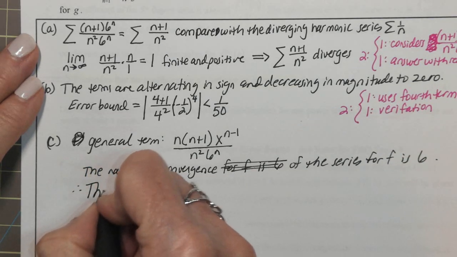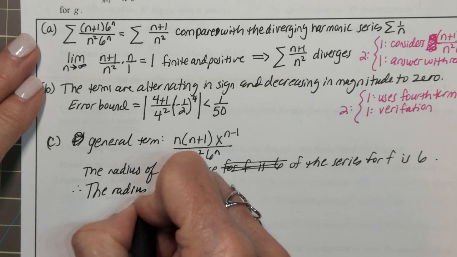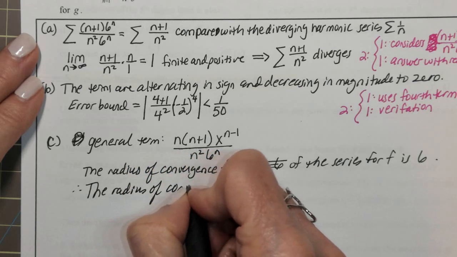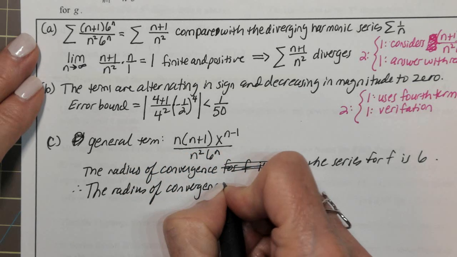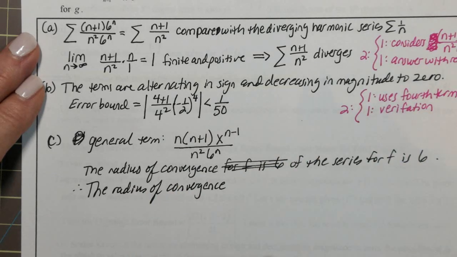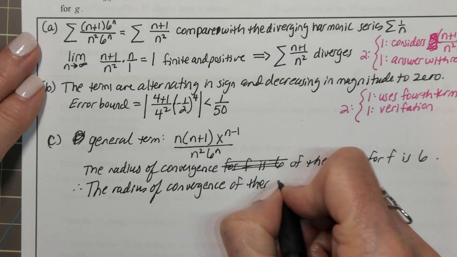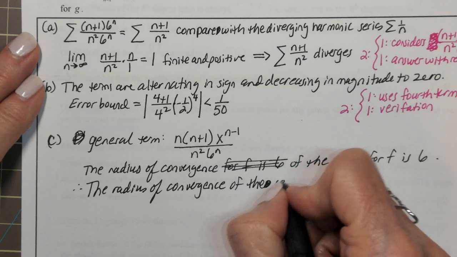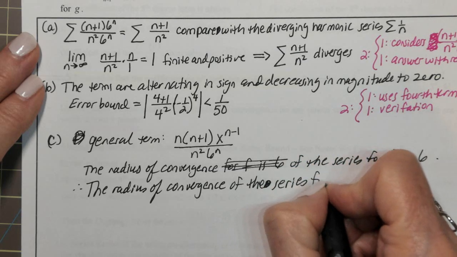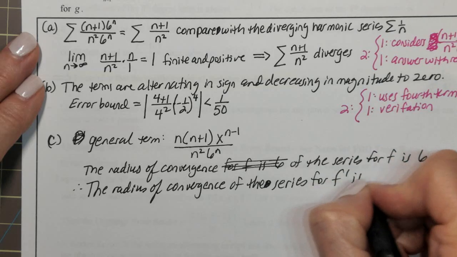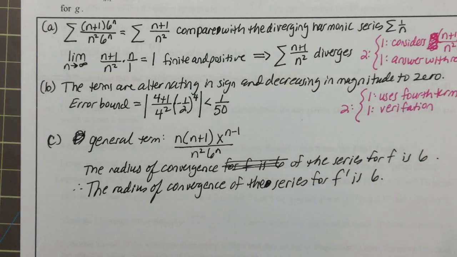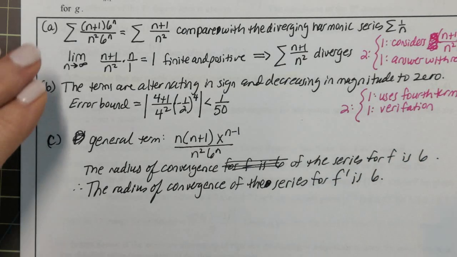So the radius of convergence, I can tell I've made too many videos, my writing is getting very sloppy, of the series for f prime is 6. No work necessary on that one.